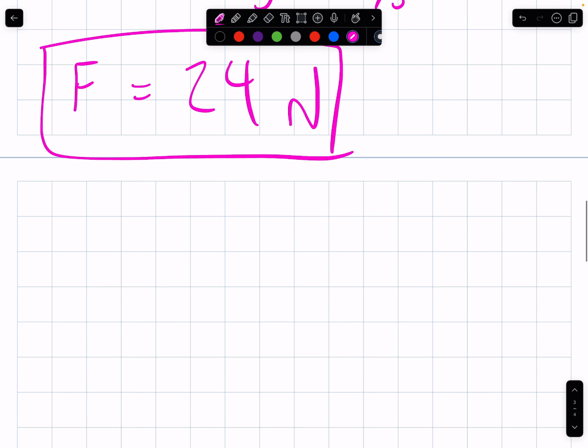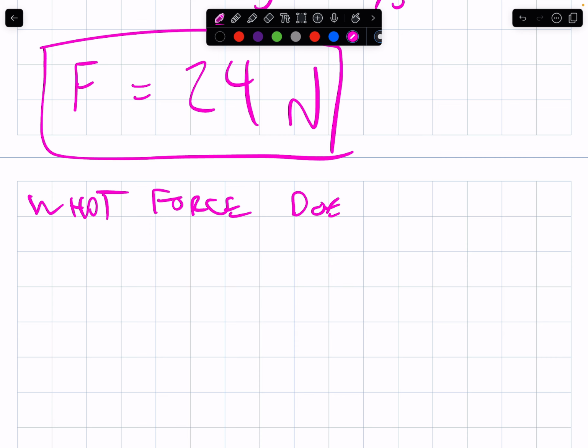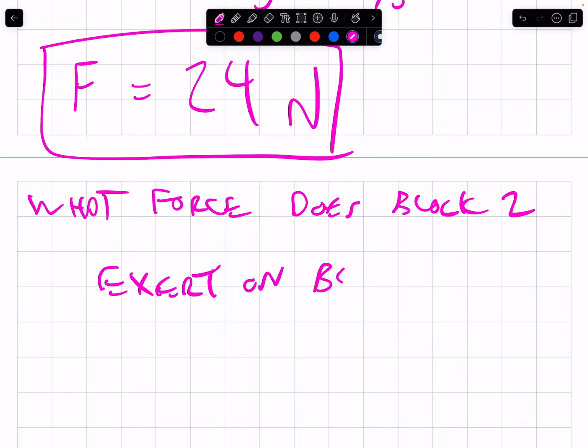And then the last part of this: what force does block 2 exert on block 1? This is where Newton's third law comes in.